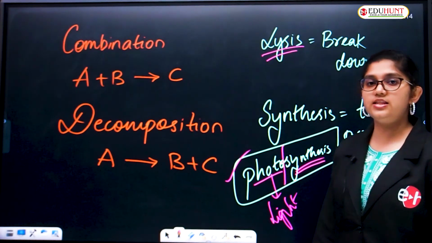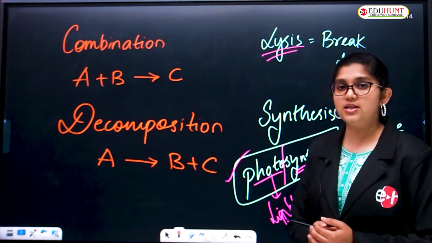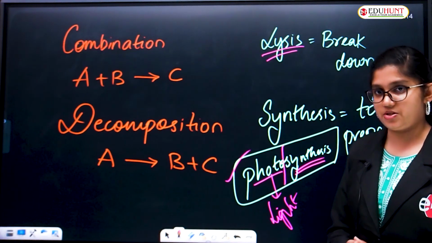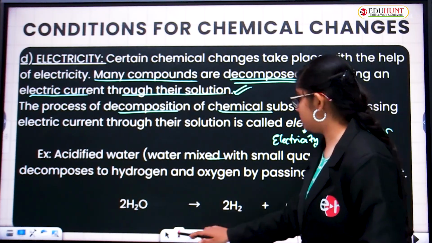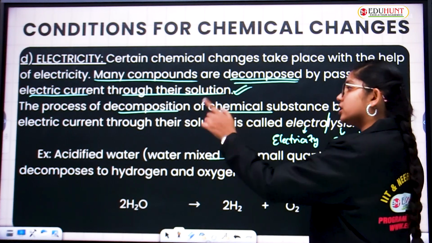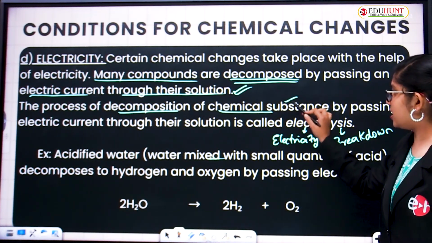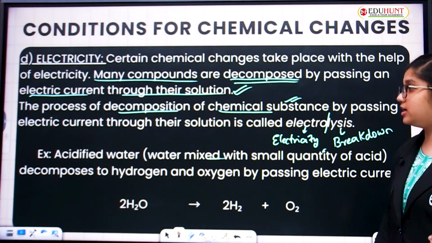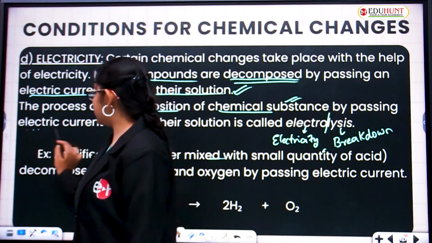So whenever you see the breakdown of any substance, like decomposition or something else, lysis means breakdown into two or more substances. Okay, this is the word for you. And yes, here we have continuation, right? So the process of decomposition of a chemical substance. Whatever substance you take, if there is a decomposition going on by passing what, the main important thing here is electric current. Very good.